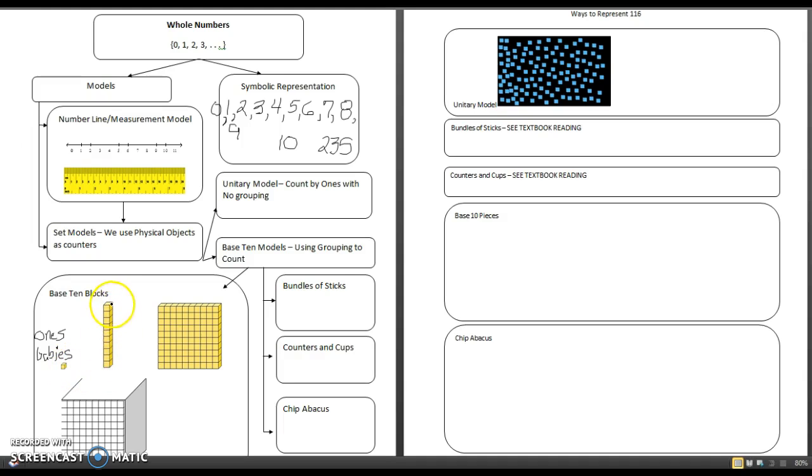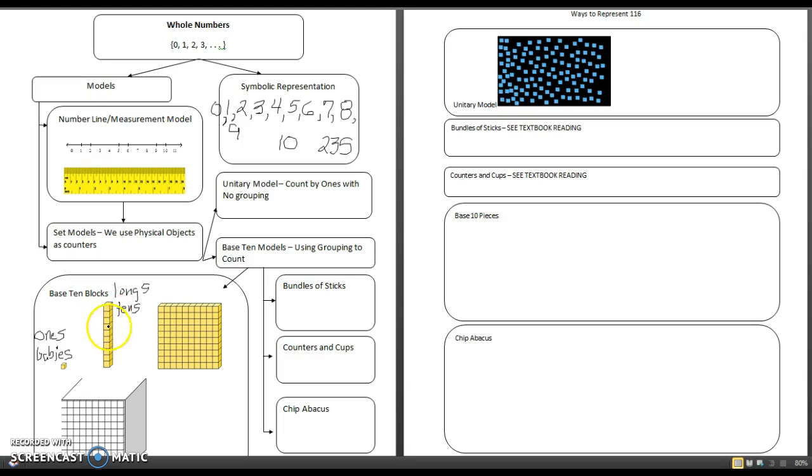This piece here is 10. You can see if you take 10 of the units and you put them together, you get this stick. Teachers call these sticks, they call them longs. I tend to refer to them as longs, but we know that they're tens.